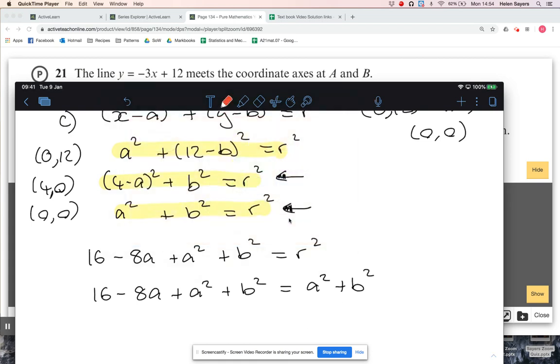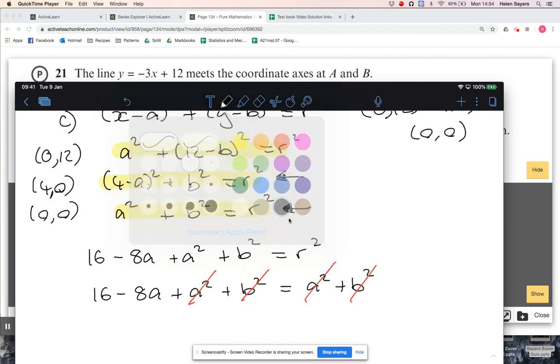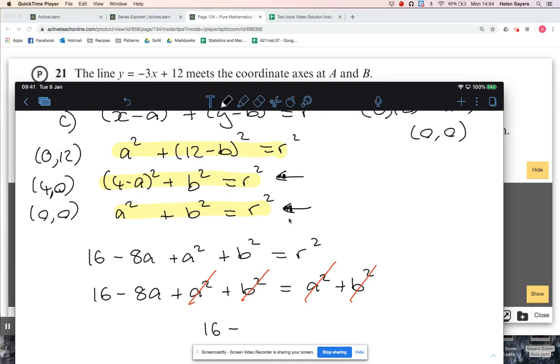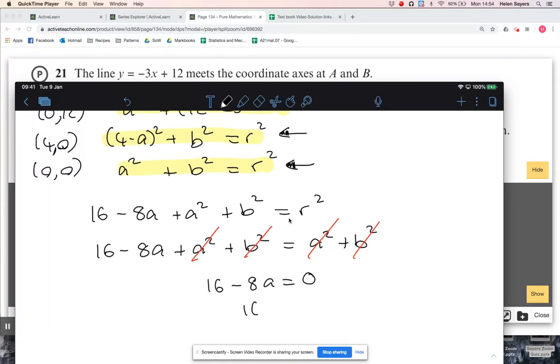Then I can minus b squared from each side, minus a squared from each side, and everything's looking a lot nicer now because I can then get what a is very easily. Okay, so I got a tiny bit lucky there.